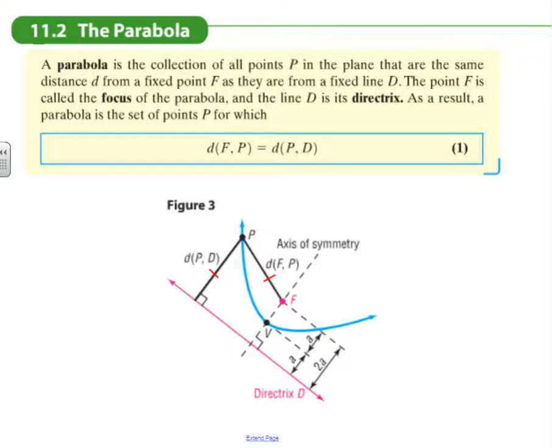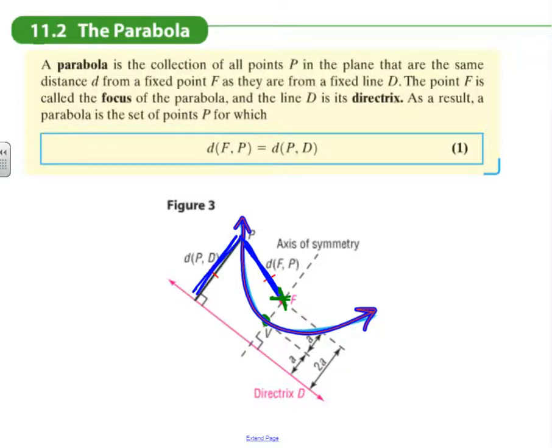The important thing you need to know about the parabola is the distance from the vertex to the focus, and I usually put an X for the focus. The focus is not a point on the function. It simply helps generate the parabola. The definition of the parabola is the set of points that are equal distance away from the focus and the directrix.